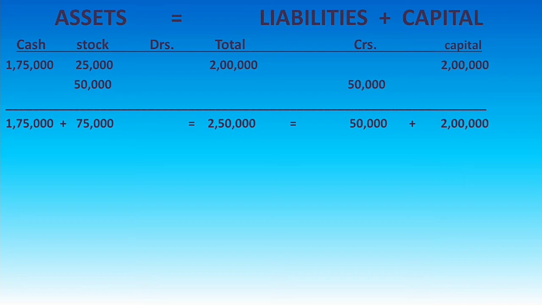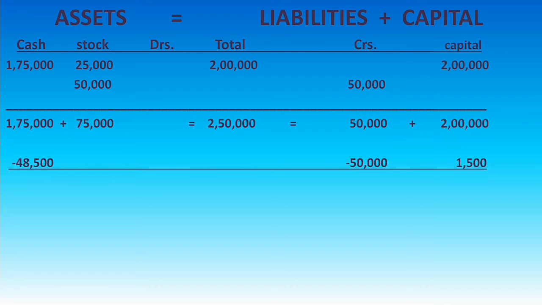Discount received is an income. All incomes will go to the proprietor. So we can add this 1,500 to the capital, and then we can write 1,500 in the capital column. And cash paid to Rohit, so the liability reduced, that is creditors. Creditors reduced by 50,000 because we have paid 48,500 for the full settlement of 50,000.